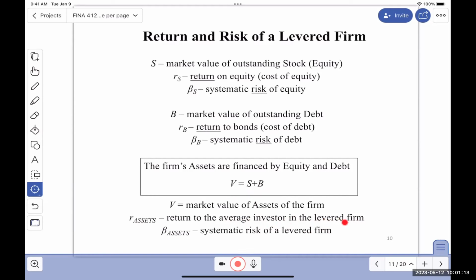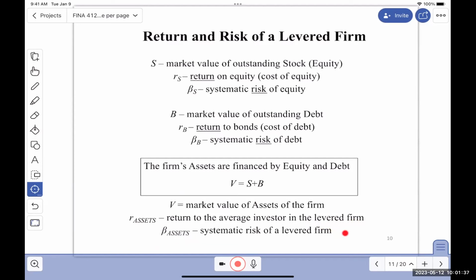The firm borrows money, and this is what we call it. So it leans on, or it leverages, to function. So this is the terminology for a firm with debt. And this is beta of assets. This is the systematic risk of the levered firm.